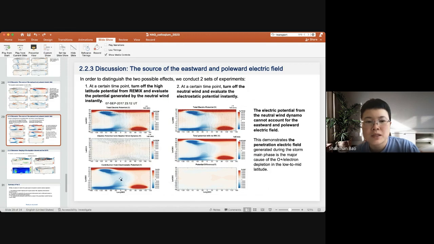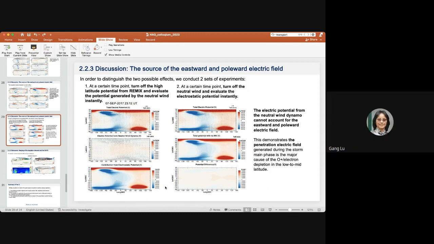By this method, we can see that if we turn off the high latitude portion, this penetration is completely gone. So we conclude that the neutral wind dynamo cannot contribute to that part of the potential. In that sense, that's basically the same as the GCM dynamo solve.